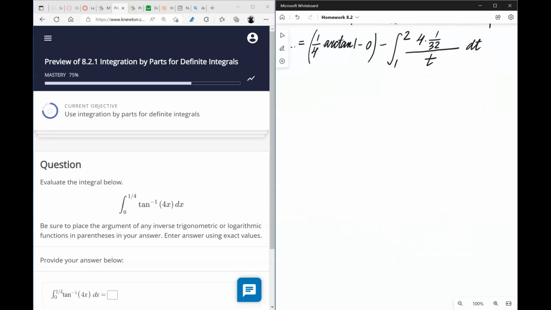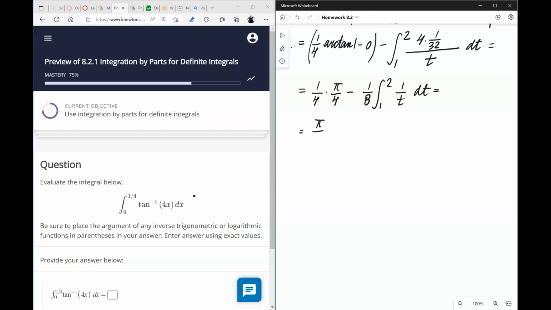What's nice about this approach is that I don't have to look up to see the previous line. This solution just flows nicely. Arctan of 1 is pi over 4. Here we simplify, so we have 1 over 8 integral from 1 to 2 of 1 over t dt.